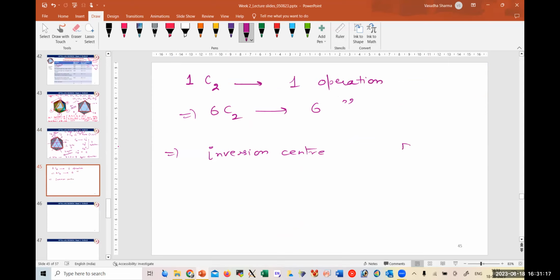So if I'm drawing here a metal, this is L, ligand, having an octahedral symmetry.